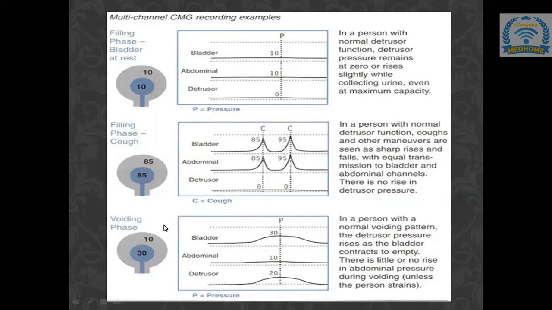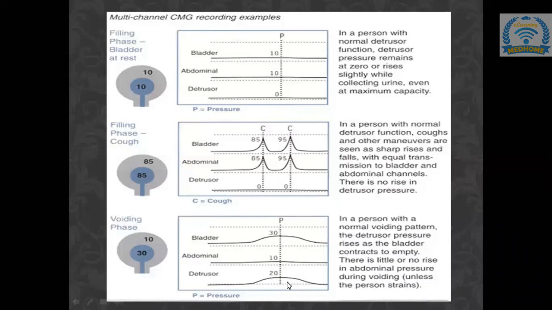Now, the third phase, when the patient is about to void, or she is in the voiding phase of the cycle, what happens? Now the bladder has to contract to pass the urine. When the bladder contracts, obviously the bladder muscles that we call the detrusor muscles also contract, causing the woman to pass the urine.